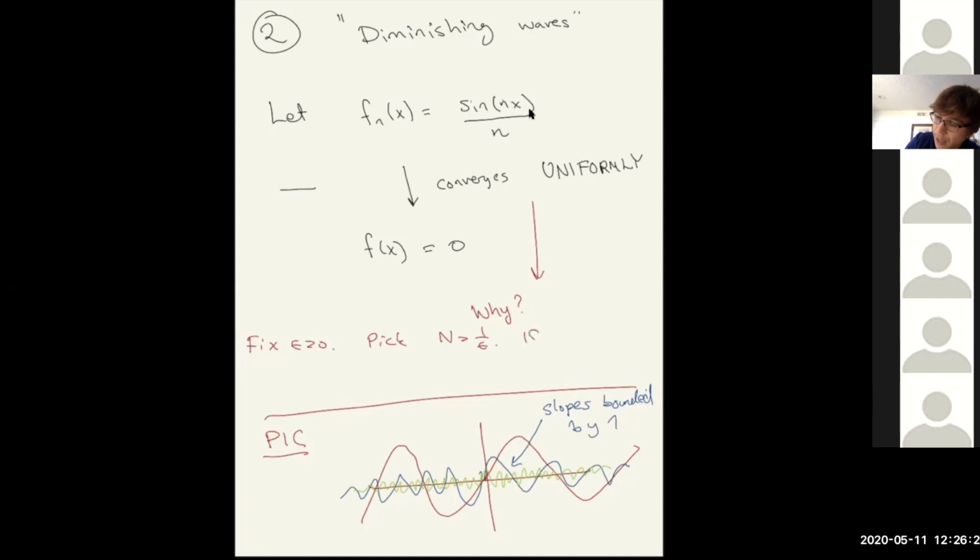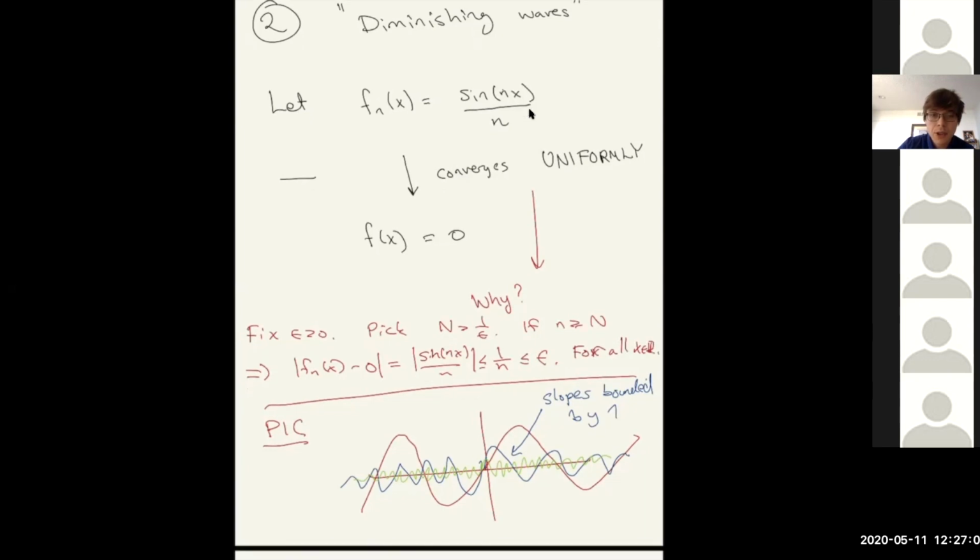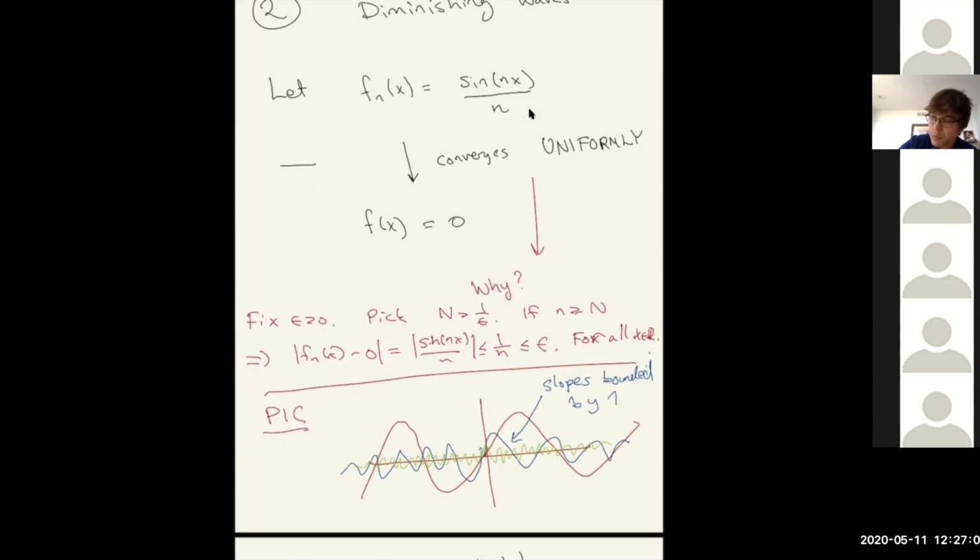And if n is bigger than that, then the absolute value of fn of x minus 0, the limit function, is equal to the absolute value of sine nx over n, which is less than or equal to 1 over n, which is less than or equal to epsilon by the choice of n. And this holds for all x in the real numbers. So this is converging uniformly to 0. And the crucial thing here is that this choice does not depend on x.